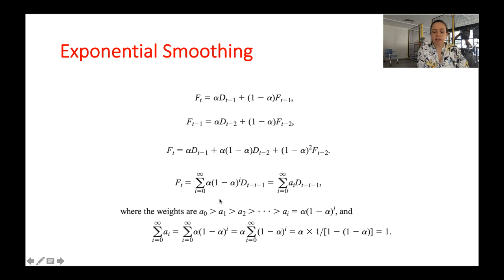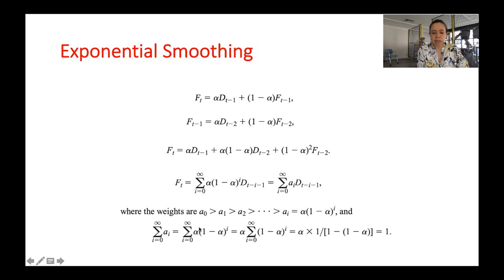In fact, what we conclude is that in this exponential smoothing methodology, we assign weights to each of the observations, but the weights are decreasing as the age of the observation increases.